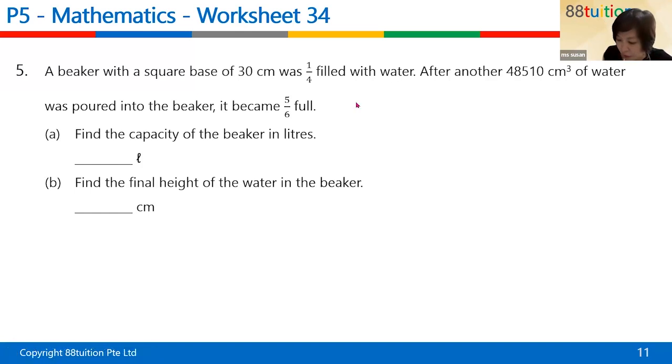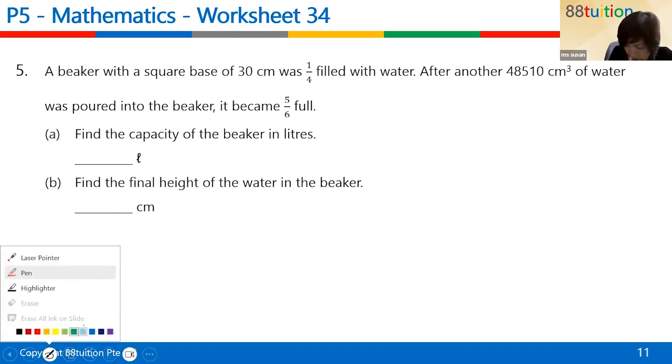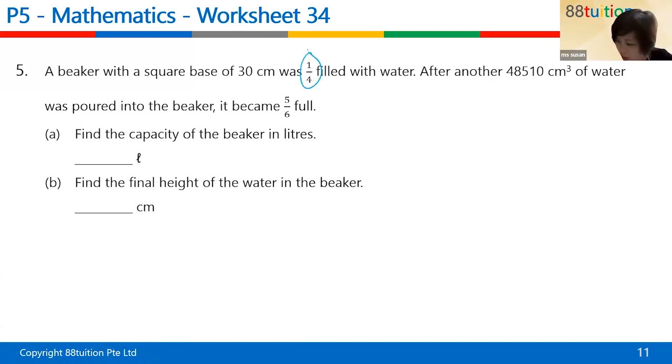You see, it is only a quarter filled with the water, right? Another so much of water, and then it became 5/6. So from 1/4, it became 5/6. So there is an increase. Increase by what fraction? 5/6 minus 1/4.